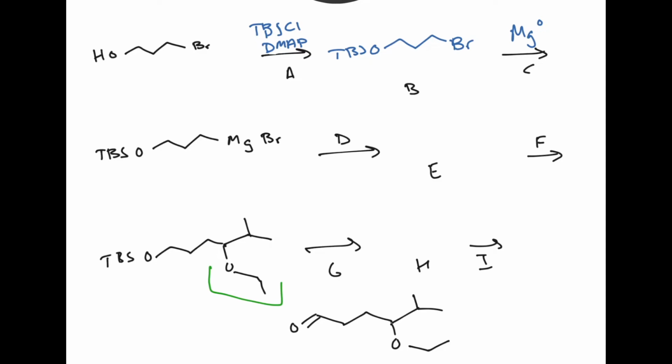Sometimes you have to look at it and ask, how many ways do I know how to make an ether? I can think of three off the top of my head. Which of those can I actually make the starting material for in the number of steps I'm given? Well, Williamson ether synthesis starts with an alcohol, and adding Grignard reagents to things makes alcohols. So I bet that's how I'm going to make my ether.